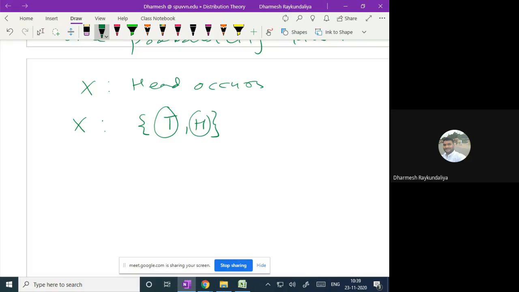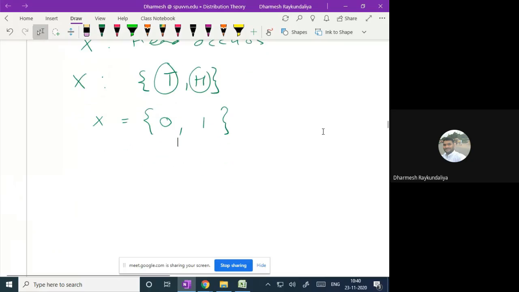If head appears, we say x is equal to 1, and if tail appears, that means there is no presence of head, so we say x takes two values, 0 and 1. This is the classical example of the tossing of a coin.